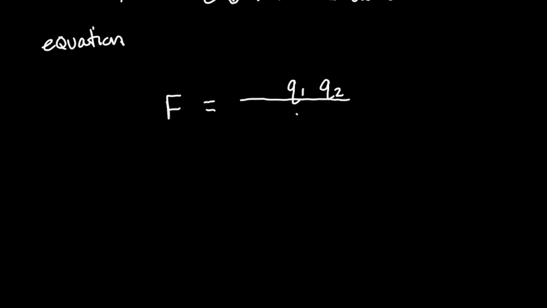And we also said that it's going to be dependent on the distance. We're going to square that. Now, to keep all of our units in line, we're going to have a constant there, K. And our distance units are going to be meters. Each of the charges here is going to be in coulombs.